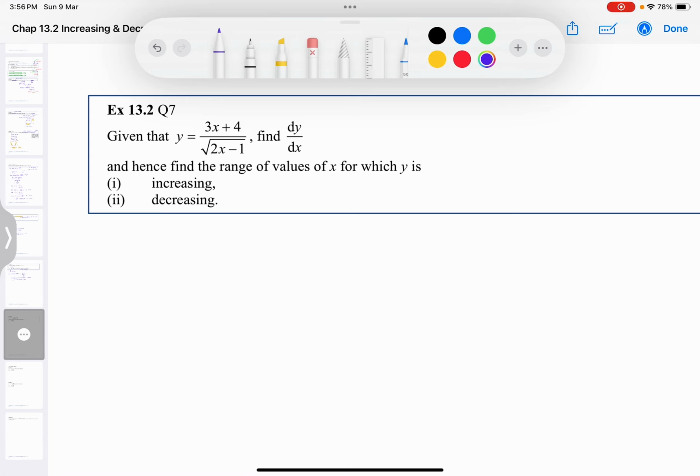I would also like to check your answers, your working, so I will be collecting this to mark, right? So after this, if you still have time, you should be trying out rates of change, which is the next chapter that we are going to learn in chapter 13. Okay, so that will be in 13.3 under rates of change.